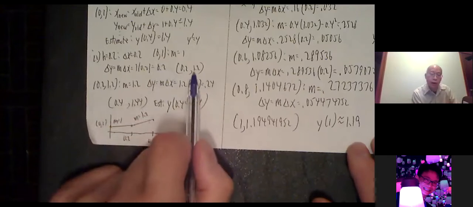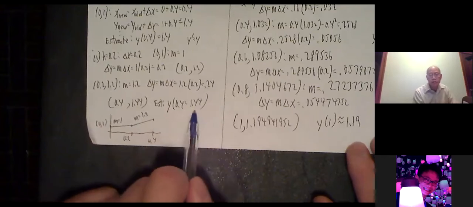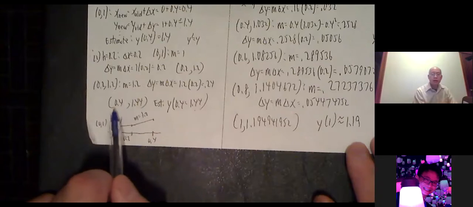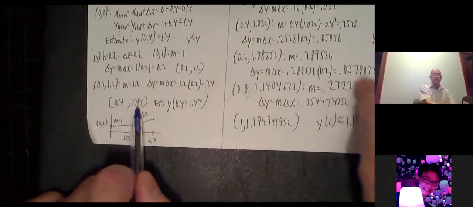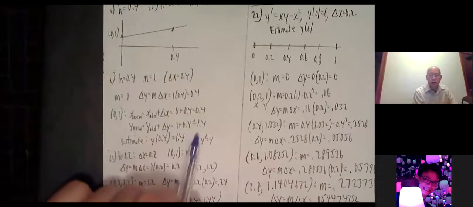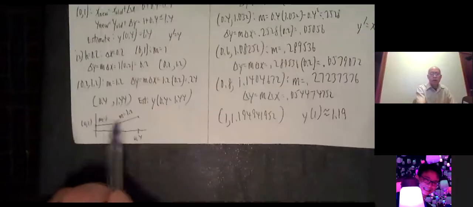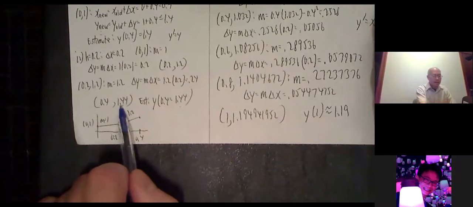I take the old y, 1.2, add it to the delta y, 1.44. Okay, so my guess of y of 0.4 is 1.44. And I'm supposing this is going to be more accurate than what I had over here. So let's see, over here I had 1.4. By doing this game, I got 1.44. And we're going to guess it's probably more accurate.